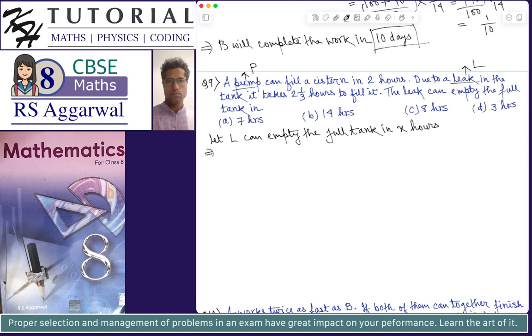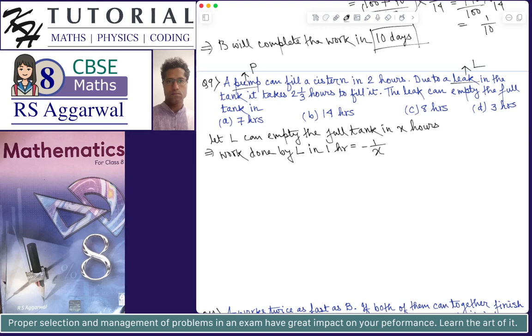So this implies work done by L in 1 hour will be equal to minus 1 by X, because the leak is acting as an outlet, and we know that an outlet always does negative work. Whenever water is being emptied from a tank, negative work is done.